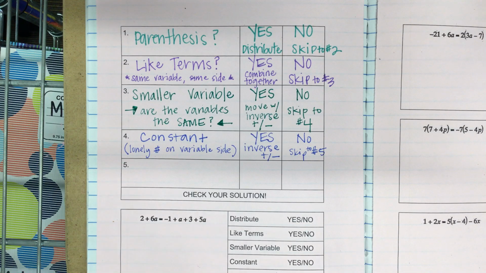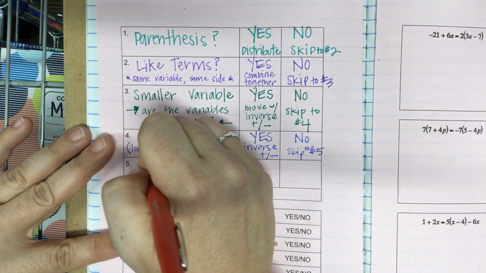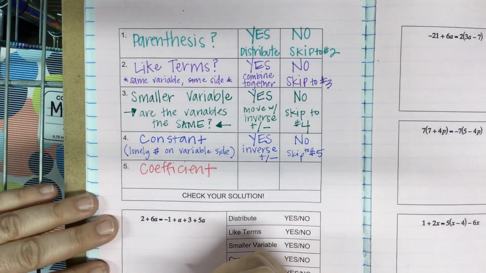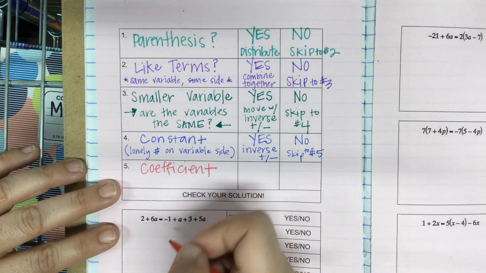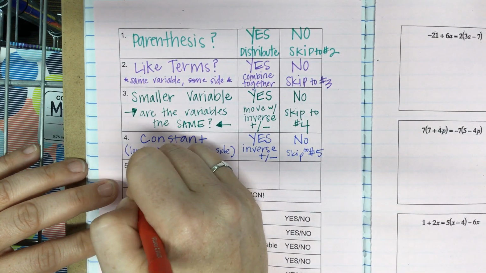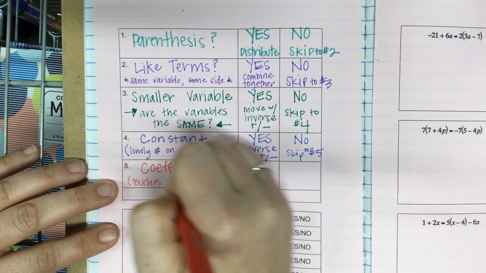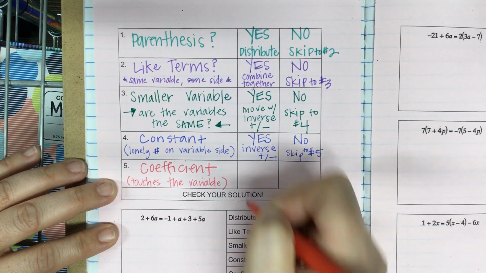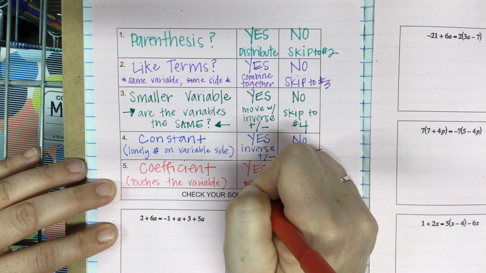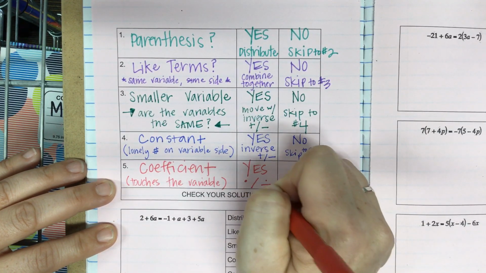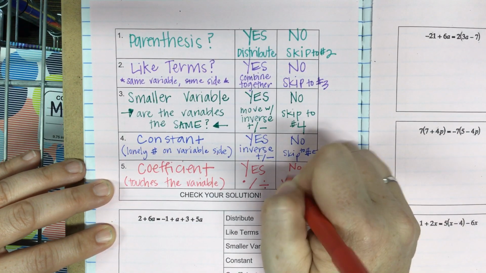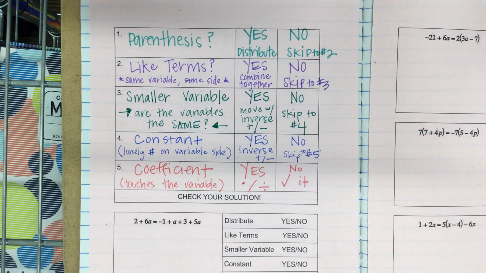And question number 5 that we ask, is there a coefficient? And if there's a coefficient, remember this touches the variable. If the answer is yes, we multiply or divide. If the answer is no, we need to check it.